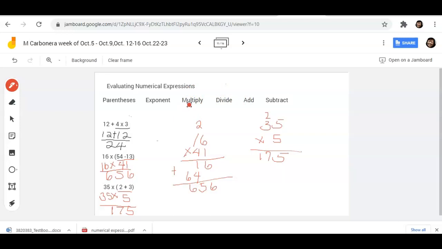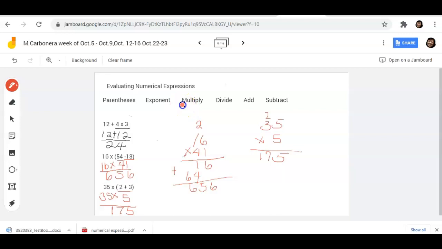If it is multiplication before division, then multiply before you divide. But if division comes first before multiplication, you're going to divide before you multiply. And then, if both addition and subtraction are used in the expression, you're going to see if addition comes first before subtraction, add before you subtract. If subtraction comes first before addition, then subtract before you add.